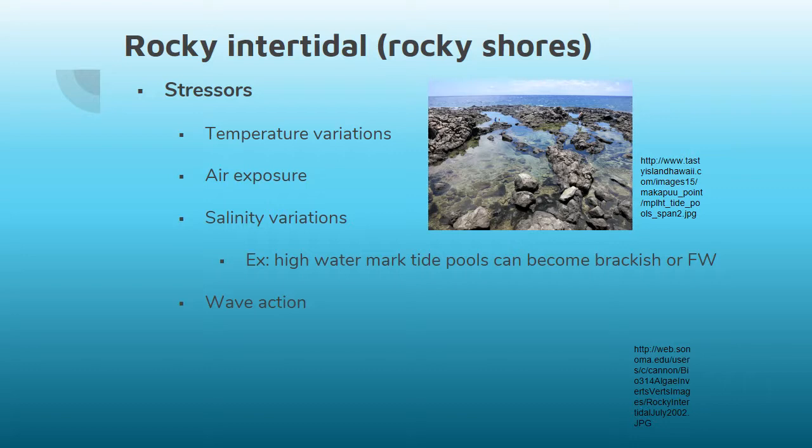And the problem with wave action in rocky shores is just that the substrate is so hard. So not only do we have the possibility of organisms washing away, but we have the possibility of organisms being jolted into the rocky substrate, which wouldn't be good as well.